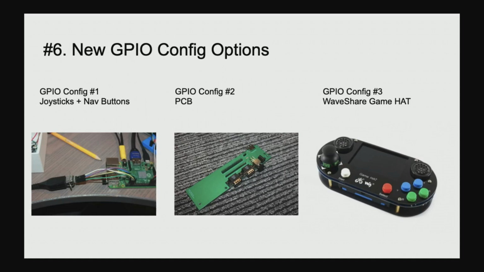So I added a GPIO config option to the menu under Prefs, and you'll select either 1, 2, and the third one is to support a WaveShare game hat. Someone contacted me and asked if it was possible to support that device, and it turns out it was fairly simple to do because those buttons are all basically just GPIO buttons, and it was just a matter of remapping what BMC64 expects for those buttons.